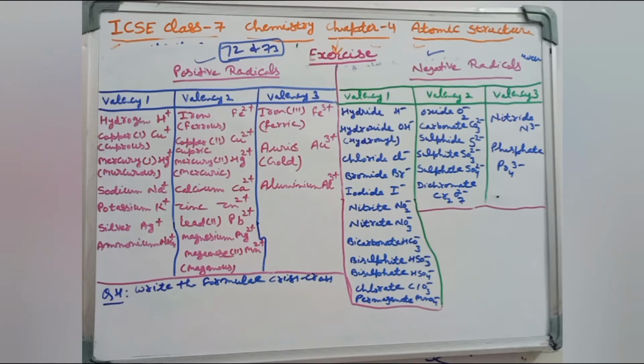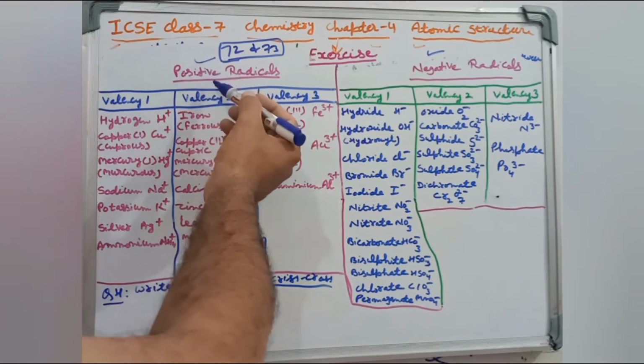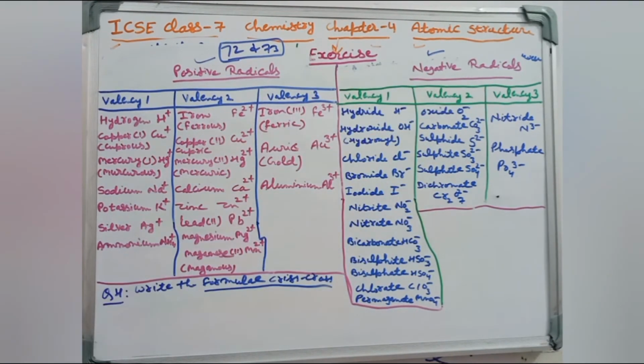Keep this in mind always while doing questions like writing the formula by the crisscross method, or doing chemical reactions that will come in further chapters. In this chapter we are doing the crisscross method of writing the formula. For the crisscross method you have to keep positive radicals and negative radicals in mind, right?